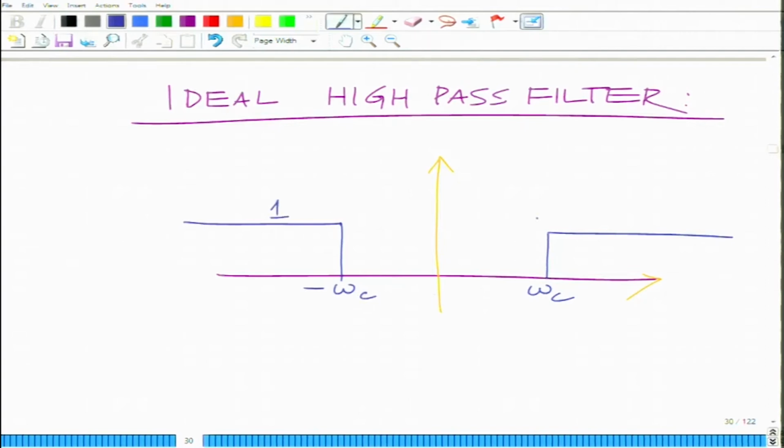So the gain, where the frequency is greater than omega c or less than minus omega c, is 1, and in the band minus omega c to omega c the gain is 0.